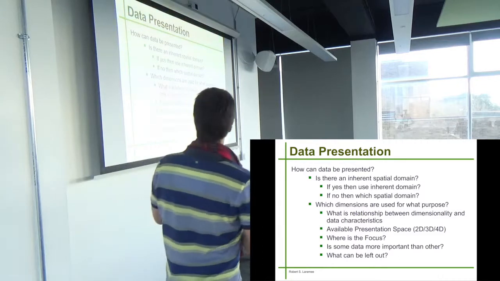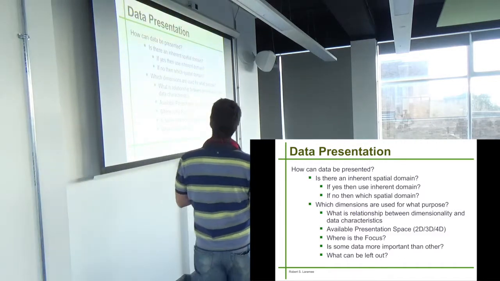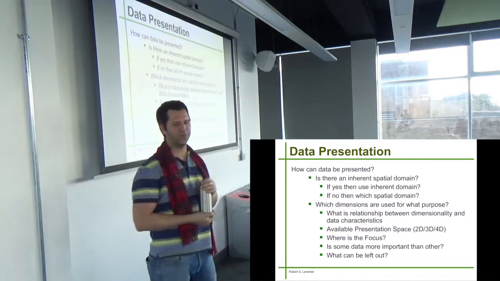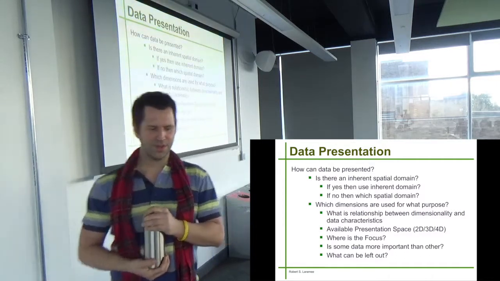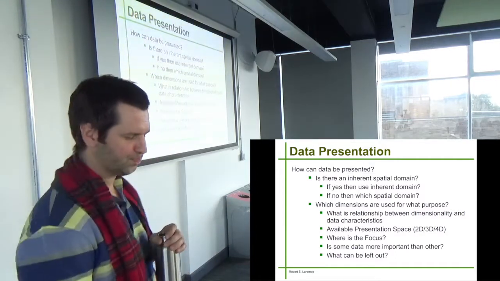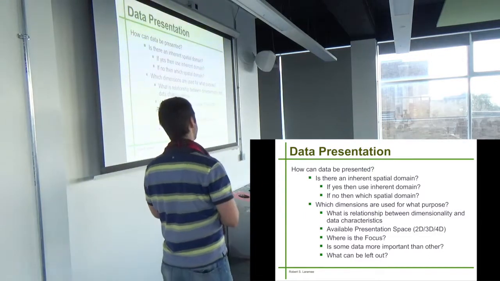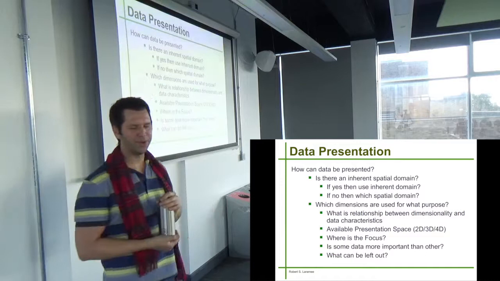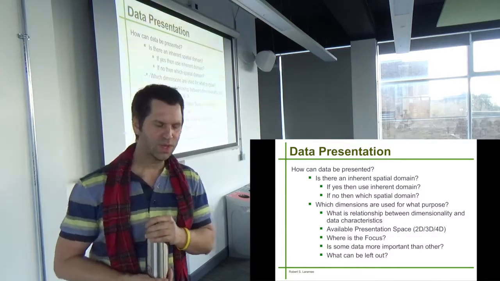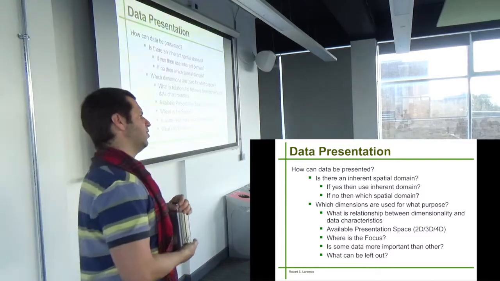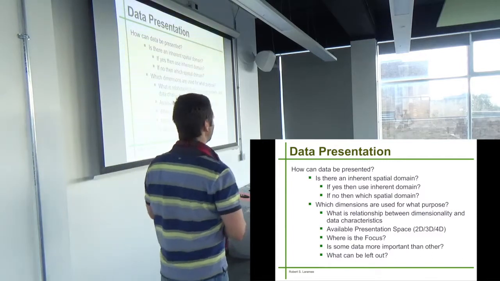And when we look at it, we have to make some decisions, right? How to present data. Is there an inherent spatial domain? Should we use the inherent spatial domain? In other words, is it like Simon's phenomena? If there is no inherent spatial domain, then we have to imagine one.